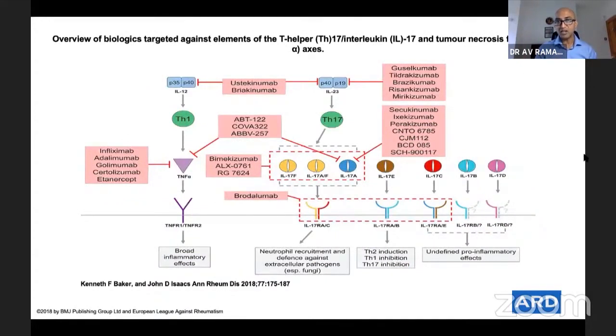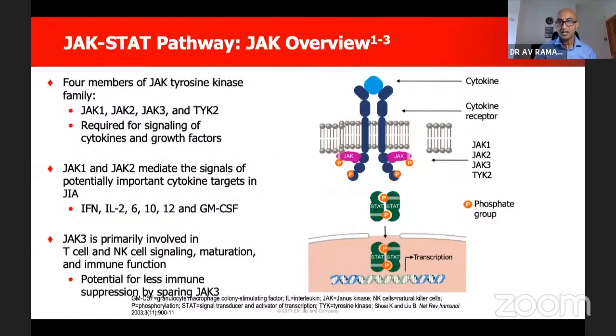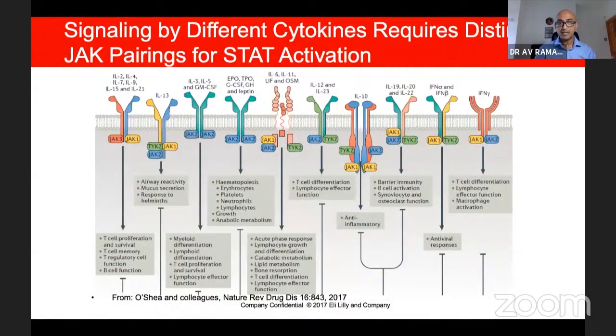We're about to start a trial of IL-17, secukinumab, as a head-to-head with adalimumab, hopefully in the second half of 2021. I've got a large grant to start that study. We have IL-12, 23 blockers like ustekinumab, and a host of other molecules, which I won't go into detail unless anyone has any questions.